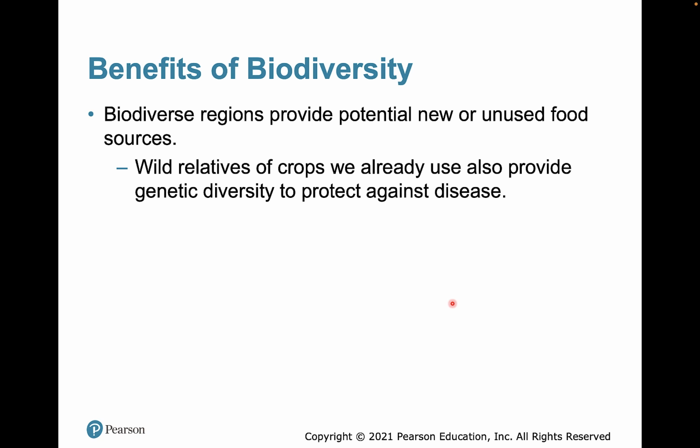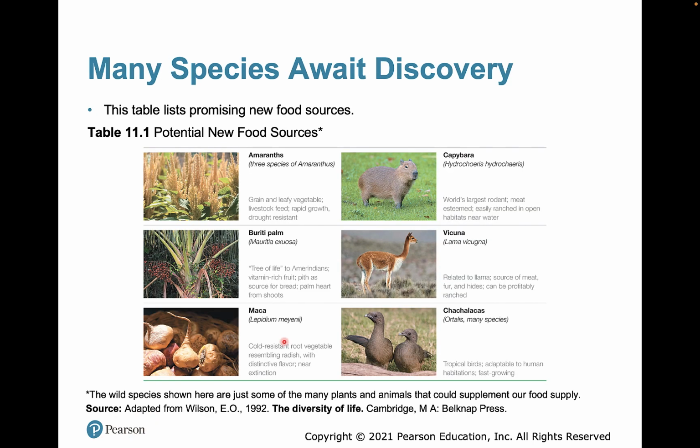Okay, why is biodiversity a good thing? Why bother? Okay. Regions that are really biodiverse have a lot of food sources that we may not know exist, or medicines that we may not know exist that could be really useful. So food sources, the amaranth, the capybara, okay, potential food sources.